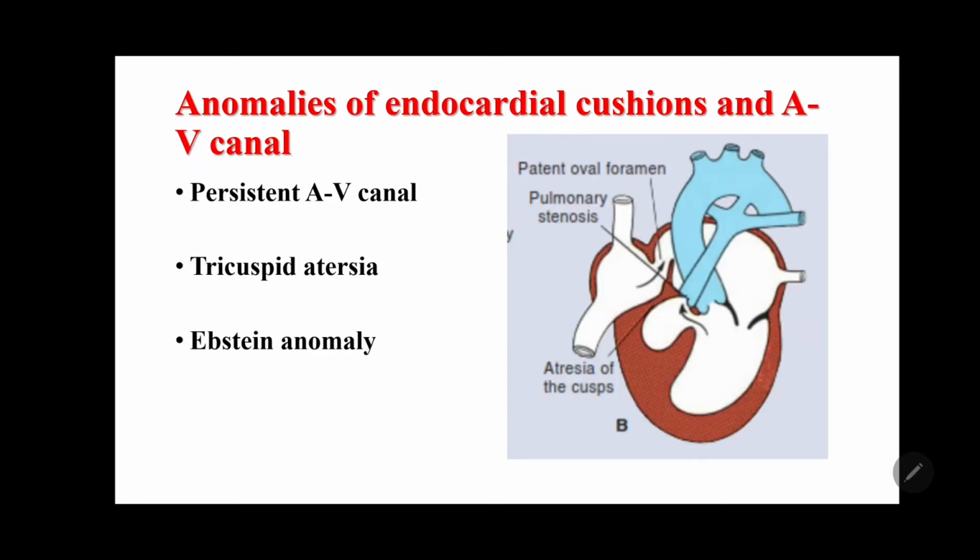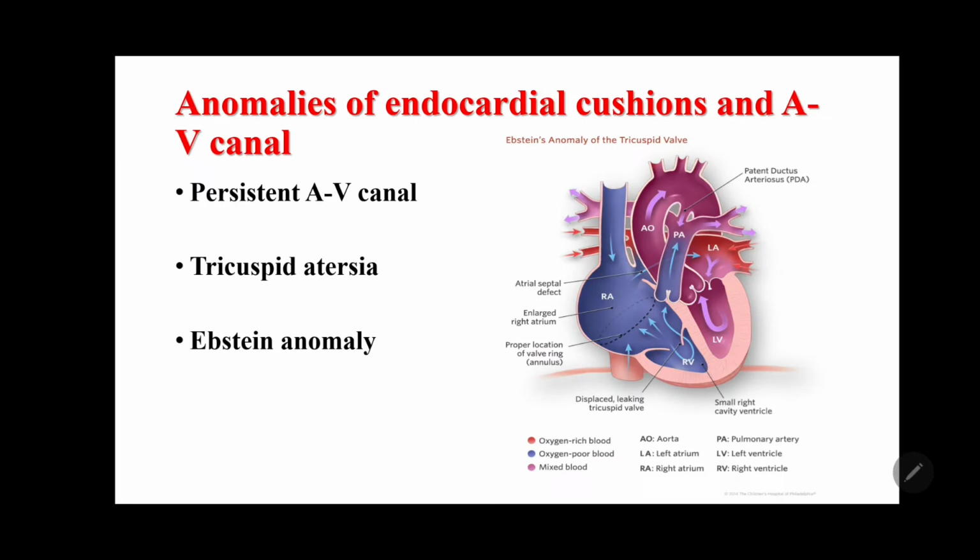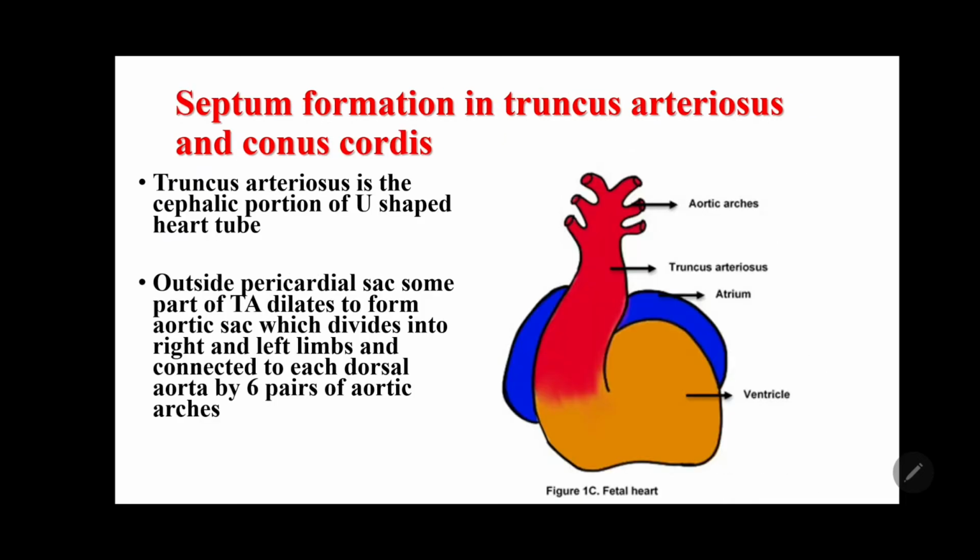And then Epstein's anomaly. You can see here this is the tricuspid atresia, and in Epstein's anomaly, the tricuspid valve complex is migrated towards the apex of the right ventricle, so that there is right atrial hypertrophy and a small cavity of the right ventricle results.